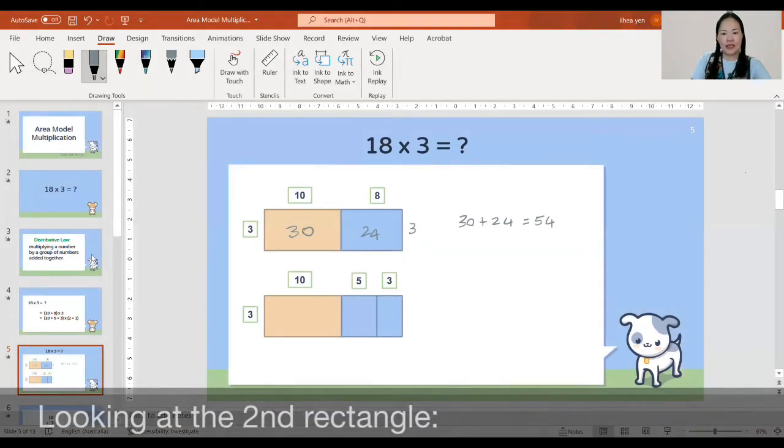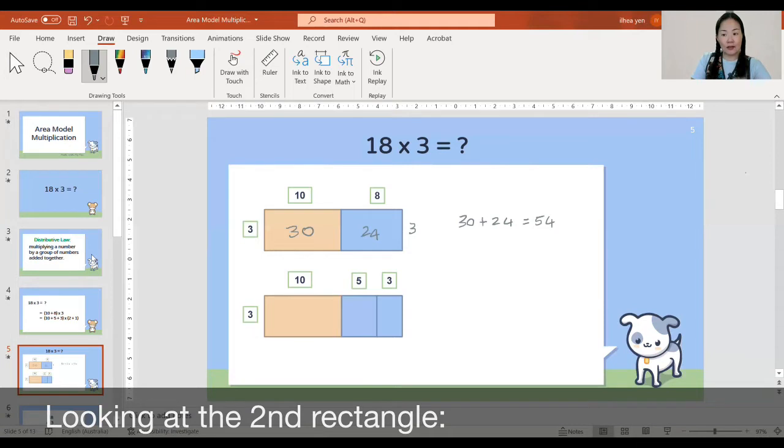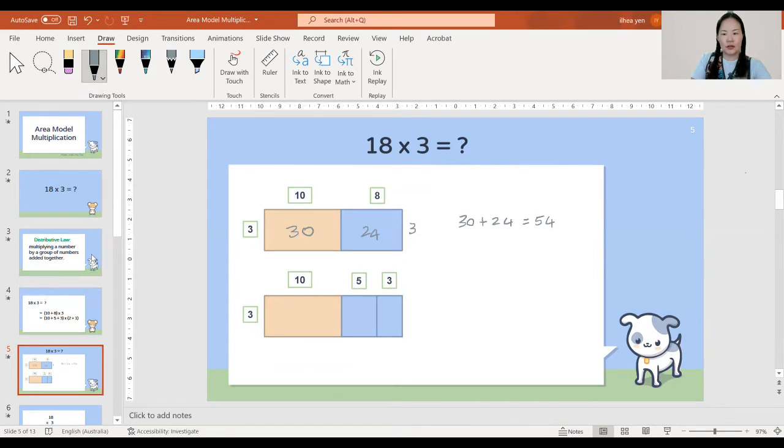If I break it down 8 into 2 parts, it'll be 5 plus 3 if I want to keep my 5s. We know that 3 times 10 is 30. That's the area of the orange rectangle. Now, the second part is a 3 times 5. Remember, this is still 3, and I'm looking at this 5 here.